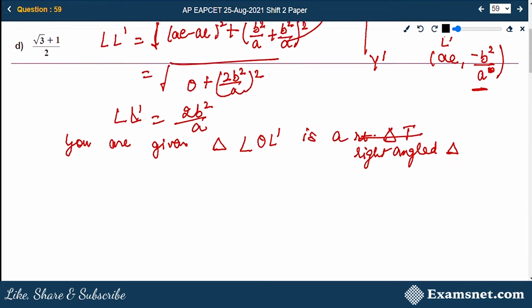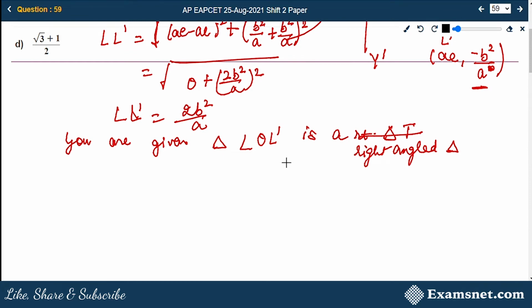Therefore, applying the Pythagoras theorem, what does the Pythagoras theorem say? It says L L dash square, that is the hypotenuse square, is equal to the sum of the squares of the rest two sides, that is LO square plus L dash O square.